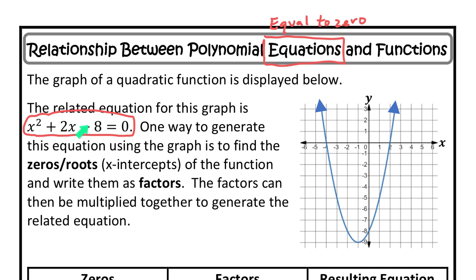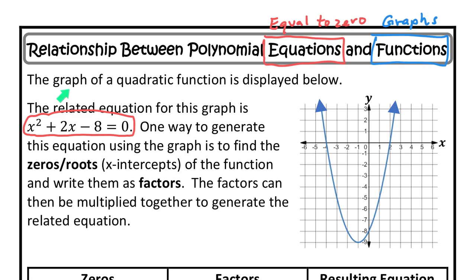This is a related equation to this graph. Functions are, I guess you could say, the graphs, right? So this is the graph right here. So I have the function that's been graphed, and then over here is the equation, something that's been equal to 0.